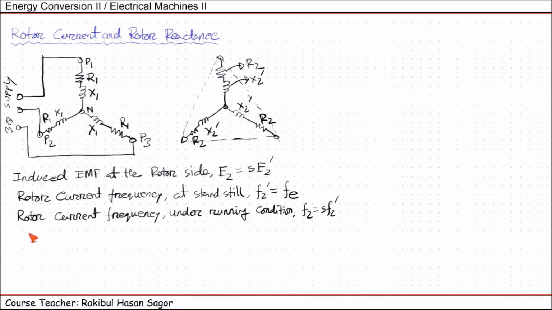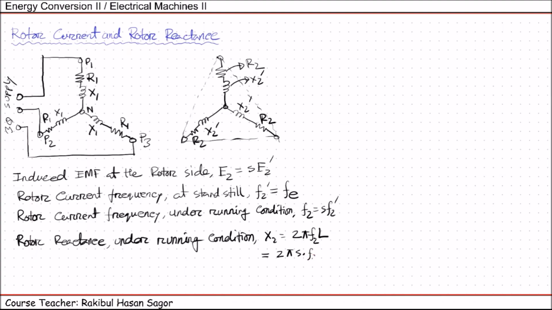Now the value of rotor reactance under running condition, X2, equal to twice pi f L. Actually, this will be twice pi f2 L, with f2 the current frequency in the rotor side under running condition, which can be written as twice pi S into f2 prime L. If we take S out, we can write twice pi f2 prime L, which can be written as S into X2 prime.